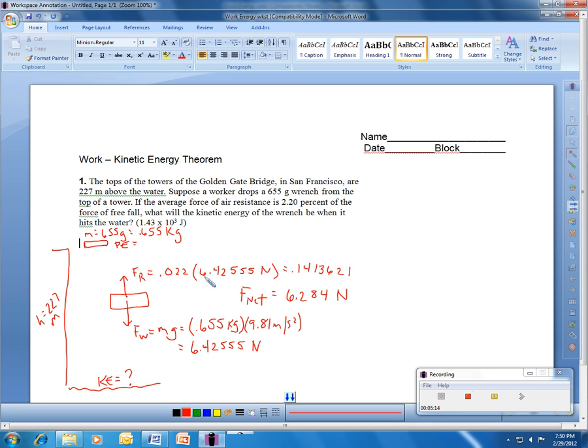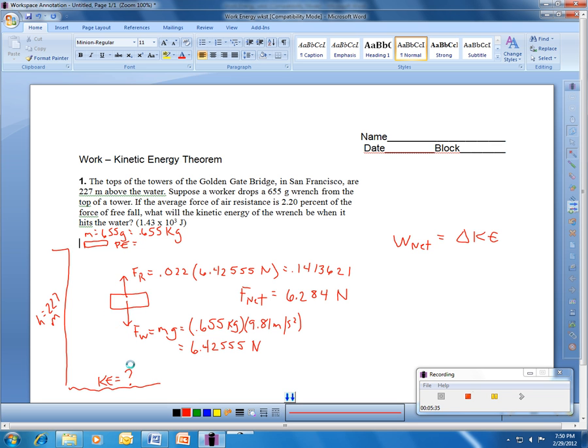So if I want to find the work done on the wrench, we have the net work done on the wrench is going to change the wrench's kinetic energy. Remember, we said at the top it was only potential energy. At the bottom it's going to be only kinetic.